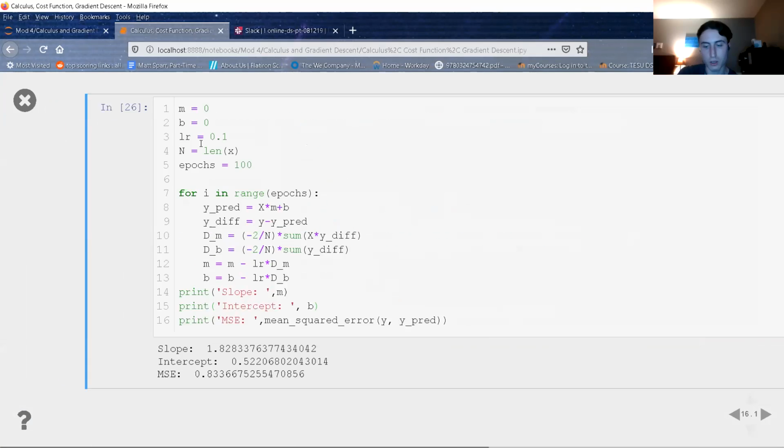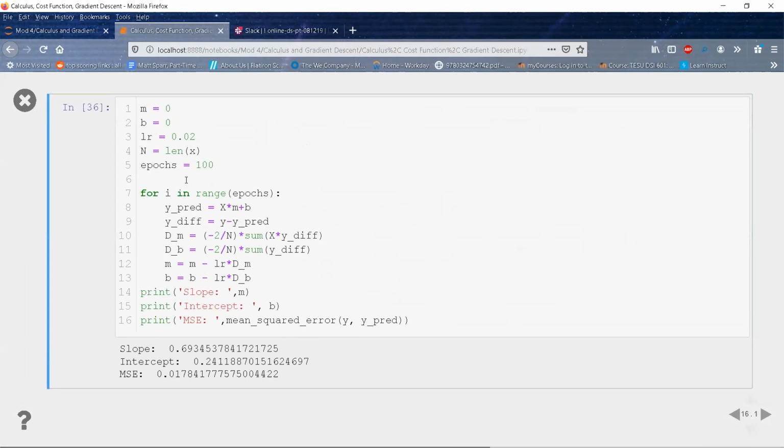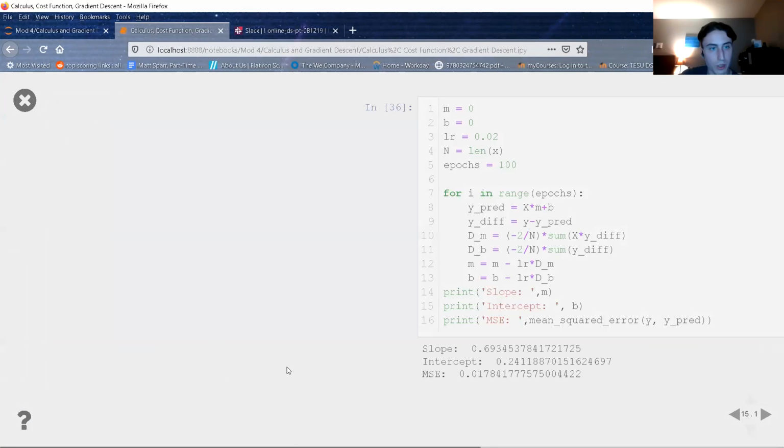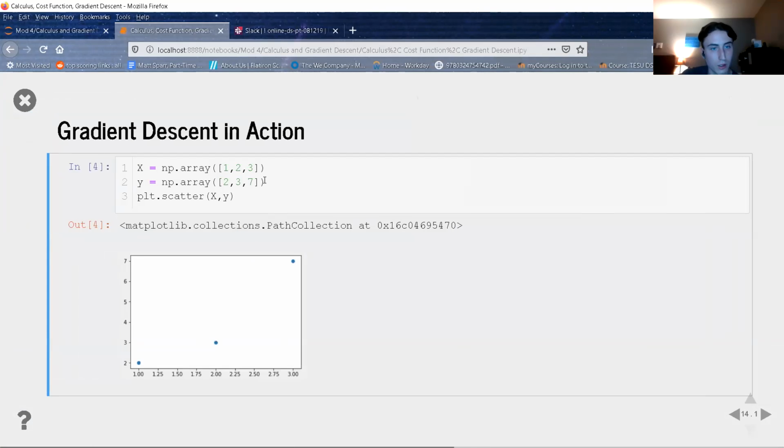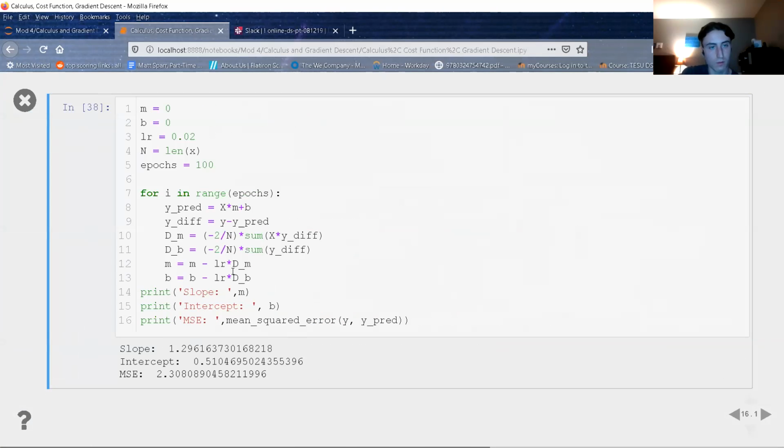All right, so let's see. You said you did 0.02 for 100 epochs? Okay, so I have to reset my X and Y, hold on. All right, so this is 0.2, and we got 2.3.